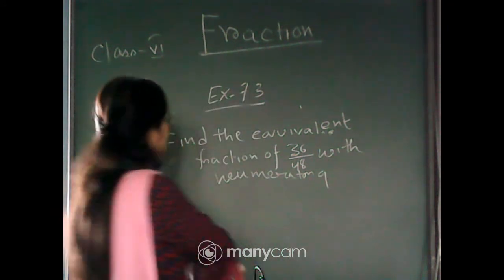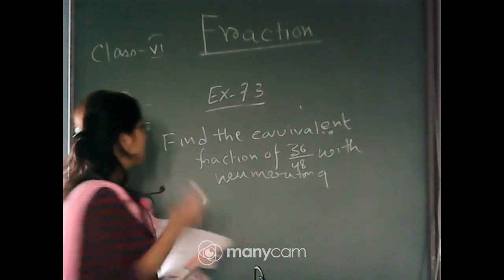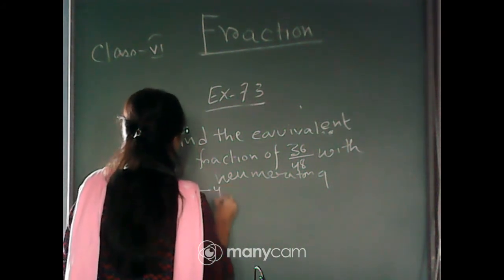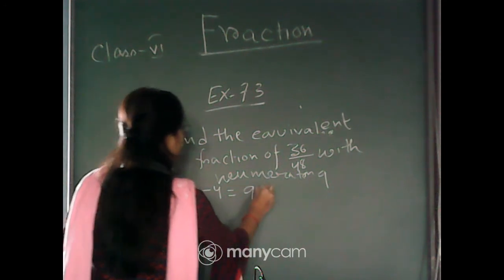First we observe the numerator and find that 36 divided by 4 is equal to 9.